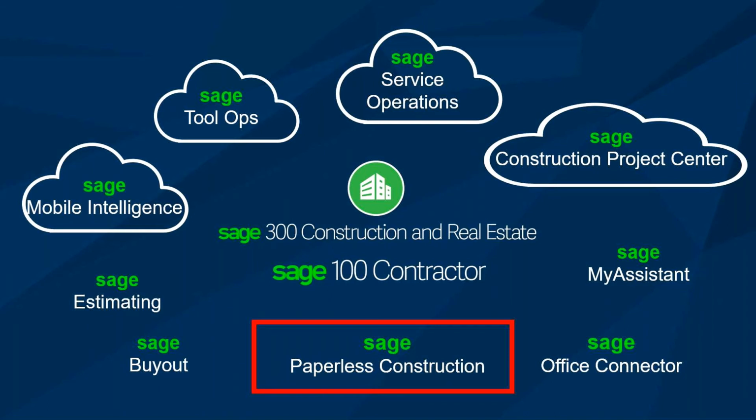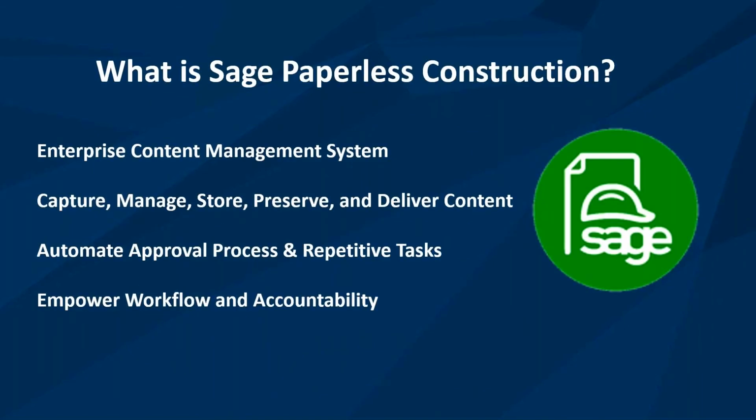So I do like to start off with the question, what is Sage Paperless Construction? Excuse me, I had to cough there. I'd like to start off with the question, what is Sage Paperless? And well, first and foremost, this is an enterprise content management system, meaning that this system is designed to store your company's documents and deliver them to the appropriate people.